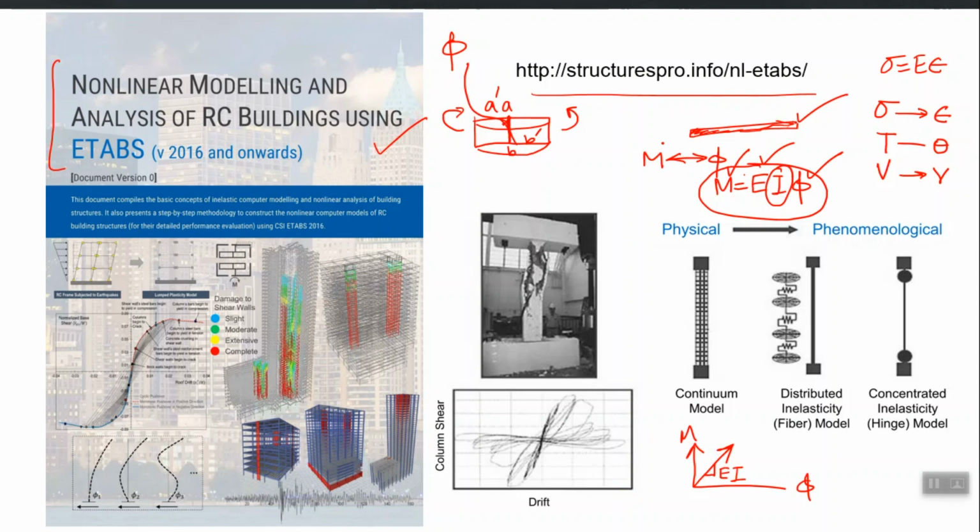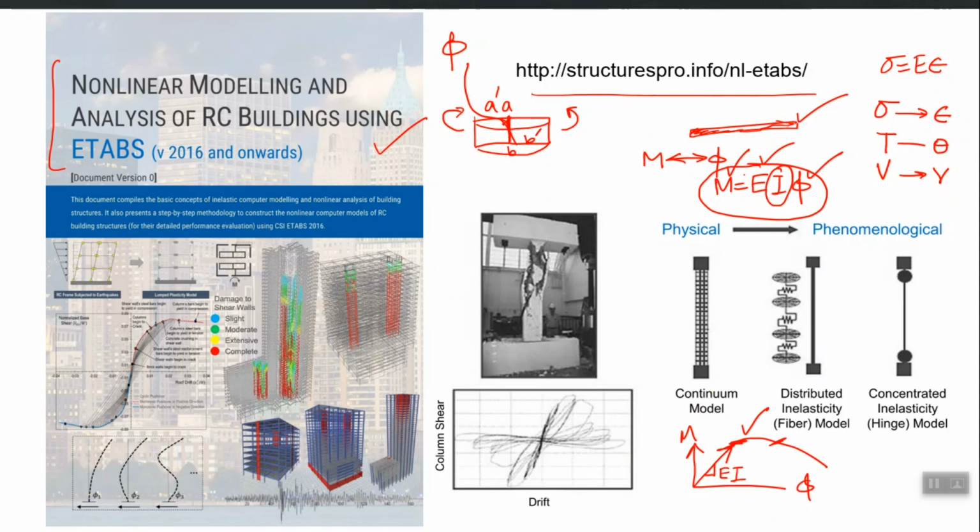But if you want to make this particular beam nonlinear or damage aware, then you have to give your own nonlinear moment versus rotation or moment versus curvature behavior as an input in the structural model, so that the model knows at what bending moment this particular beam will yield, or at what bending moment it will have the ultimate failure, after which it will not take any more bending moment, or what will be the curvature or deformation associated with this particular action, right? So this complete curve has to be provided as an input in a nonlinear model. Compare it with now EI only.